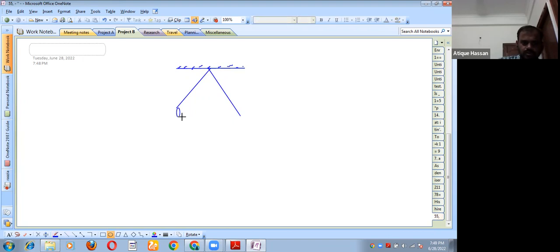Suppose there is one ball, and suppose there is another.